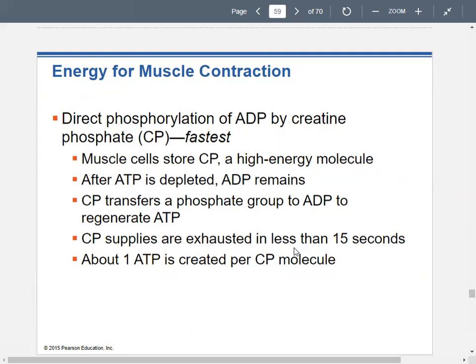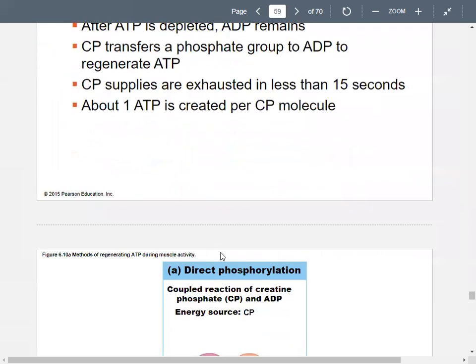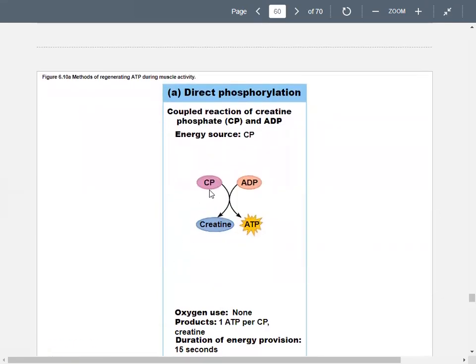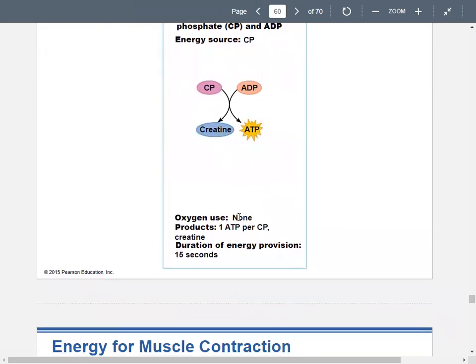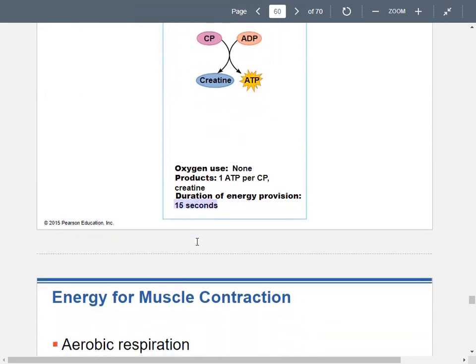All right, so it's not going to sustain you very long, right? And generally, per molecule of creatine phosphate, you can only generate 1 molecule of ATP. And you need a whole lot more than that. Because again, you're just substituting, all right? So this is a reaction here, creatine phosphate and ADP gives up its phosphate, you get creatine and ATP. You don't need oxygen, you get 1 ATP per molecule of creatine phosphate, and it only lasts for 15 seconds.